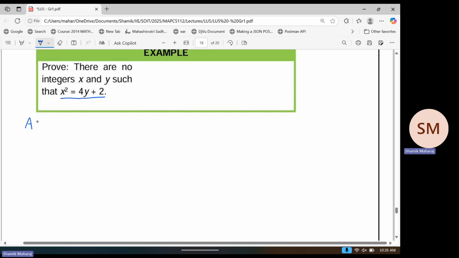So assume there are integers x and y such that the formula holds. So assume that these integers exist and then find a contradiction.